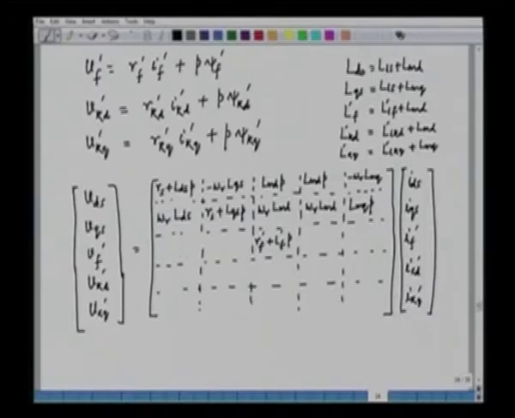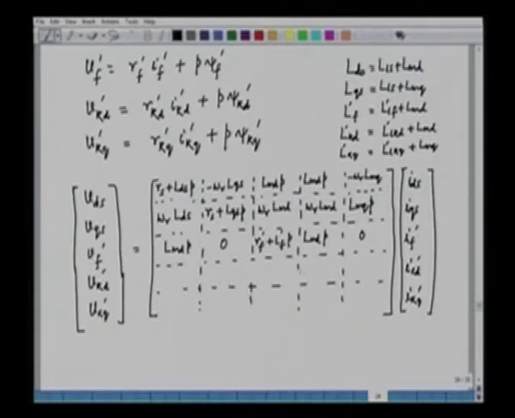So, we were writing the third row. In the third row, we have Rf prime plus Lf prime P, and this will be having the coupling with the D axis damper. We have LMDP and the D axis stator, LMDP, and there is no rotationally induced EMF in the rotor. So, we have zeros here.